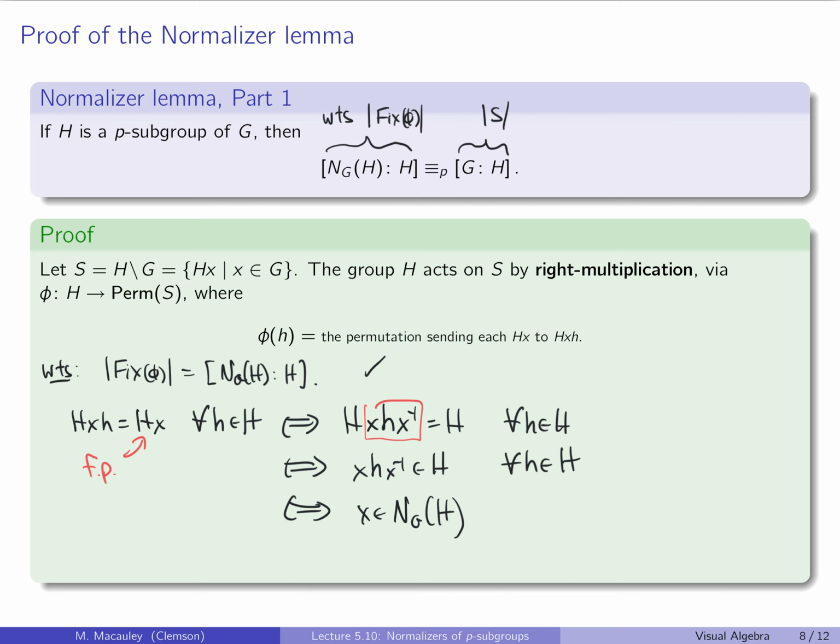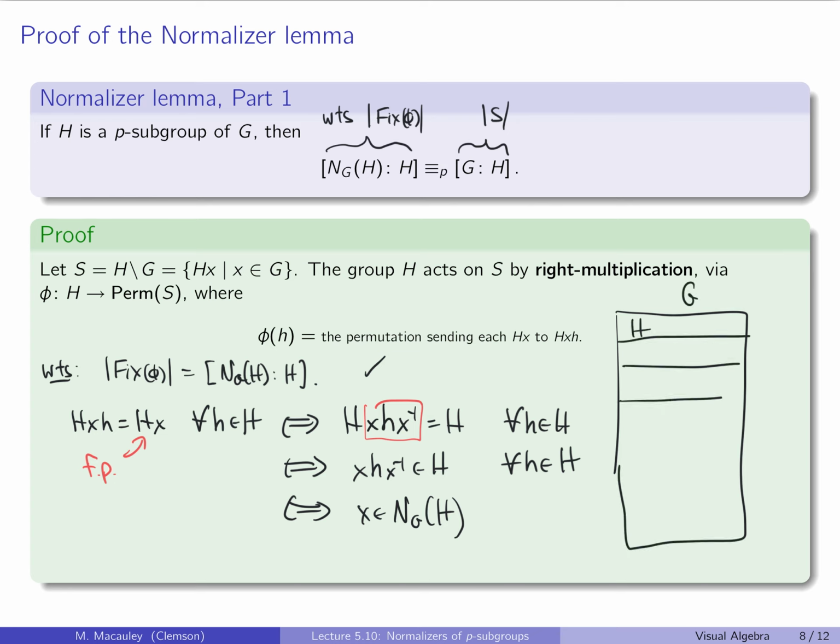So what is that saying? That says that the cosets that are fixed points of this action are precisely the cosets that are in the normalizer. So here's kind of a picture of this. We have G and we have H and we have these cosets like this.